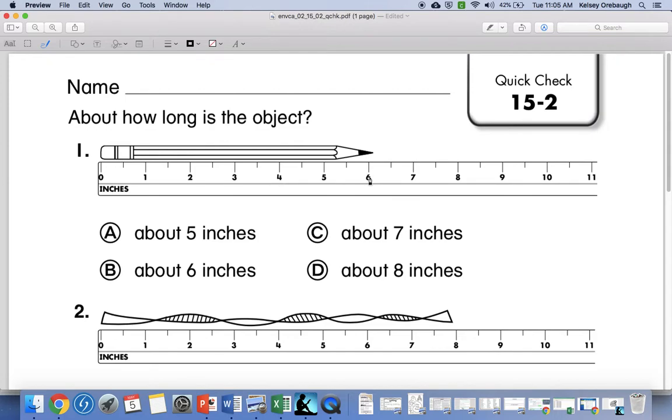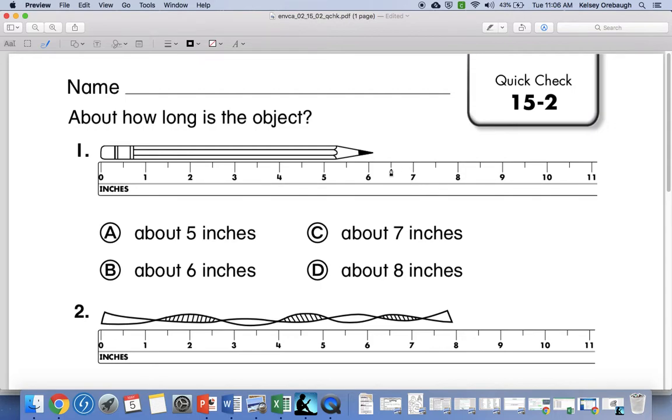Thinking back to the video, when we decide about how long an object is, if we're measuring it using an inch ruler, we need to look at the halfway mark, particularly if an object does not fall exactly on an inch marking. I can see that the tip of the pencil, the lead of the pencil, is a little bit past the 6-inch mark. That means it falls between the 6-inch and the 7-inch marks on our ruler.